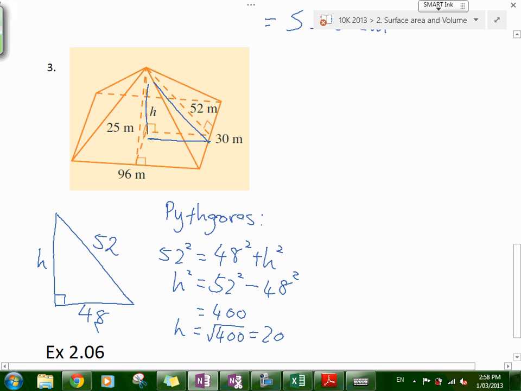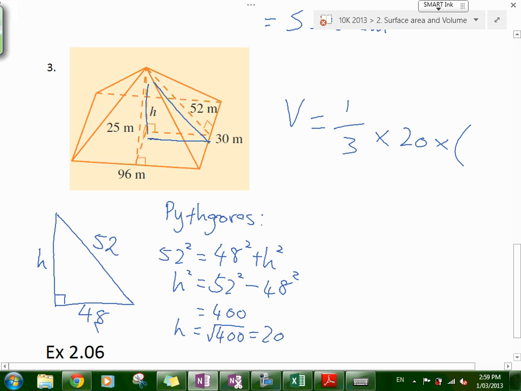And now we've got the things we need. We've got the base area, which we can work out easily. We found the perpendicular height using Pythagoras' theorem. And we've got the formula for a pyramid, and so we can work it out. So V equals 1/3 times the perpendicular height, which is 20, times the base area. How do I find the area of this rectangle, Adrian?